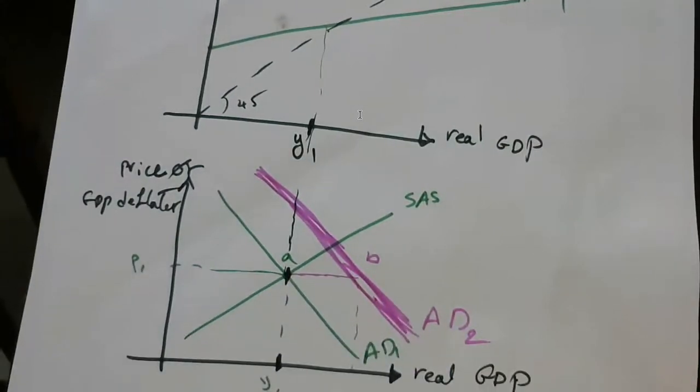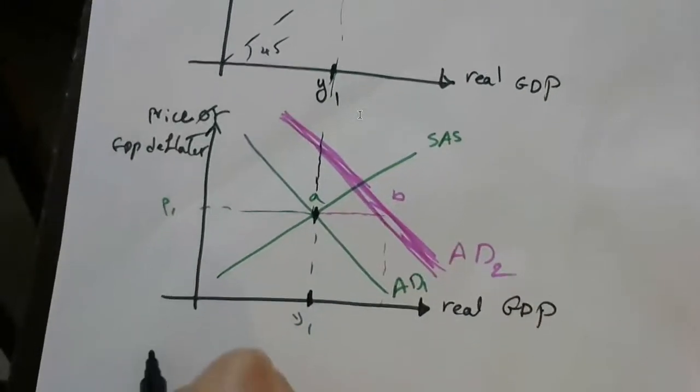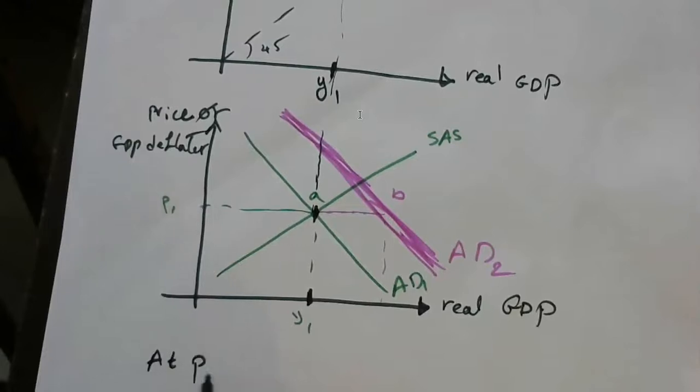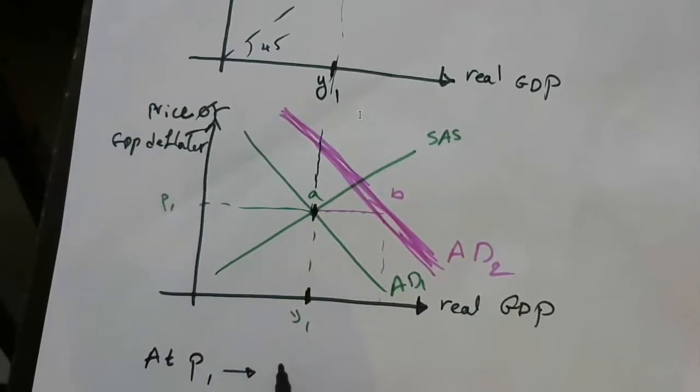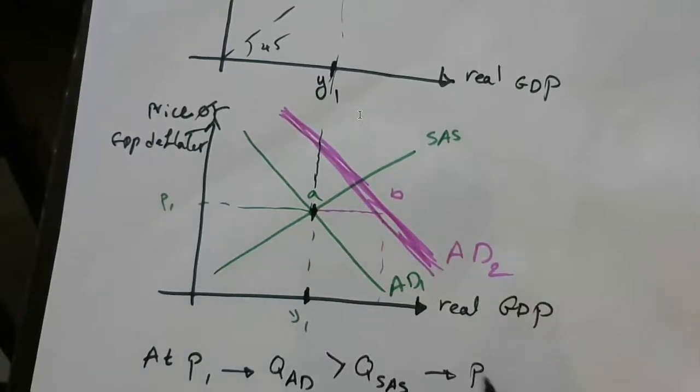Then once the price level is pushing high, we're going to have two kinds of movements. For example, I can write here that you have to discuss all at P1. We know that with the shift in AD, quantity AD will be bigger than quantity SAS, then that will push the price up.